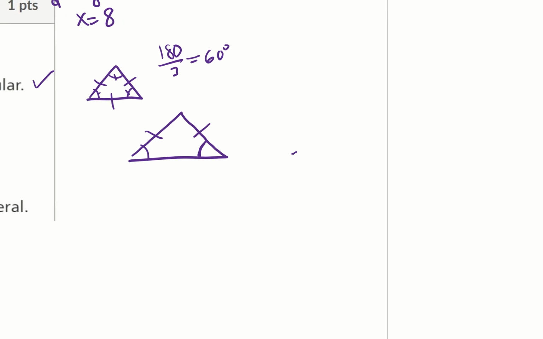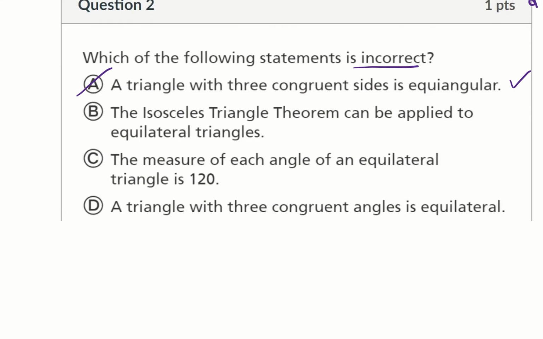If you have an equilateral triangle like this, these two sides are equal, but the bottom side is also equal. Ignoring the bottom side for a second, you can say these two opposite angles are equal to each other, in the same way as for the isosceles triangle. It doesn't matter if all 3 sides are equal, you can still use the same theorem. So this is true, and this cannot be the right answer.